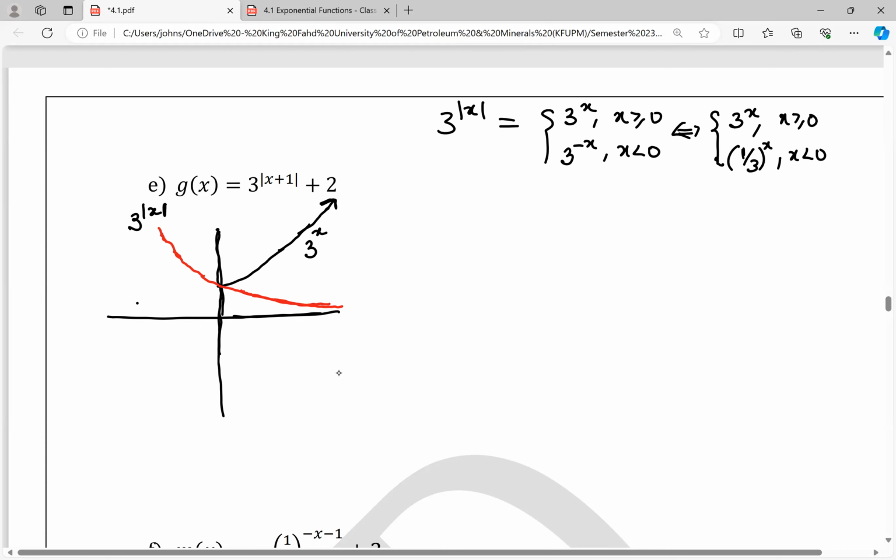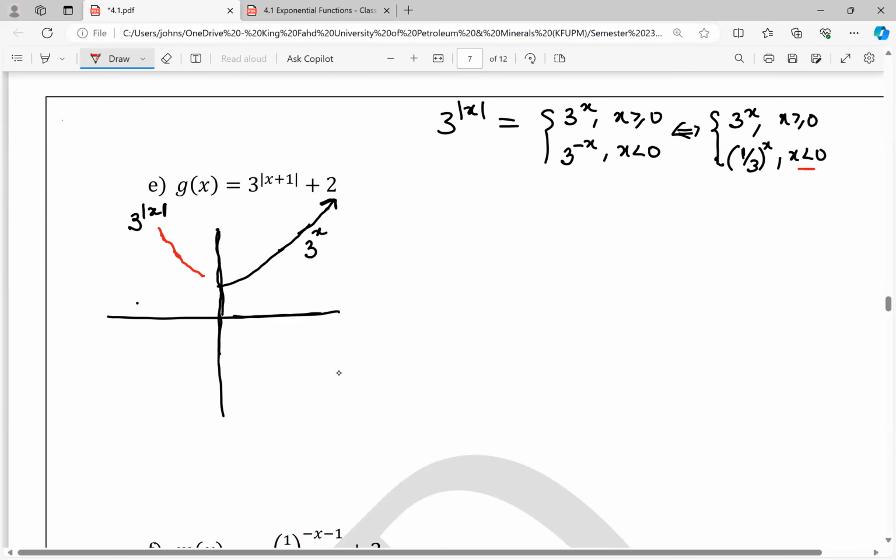Yes, this is (1/3)^x. But because of the restriction, you are interested in the negative part, so we have to remove the positive part. We will just stop here, and this will continue going.